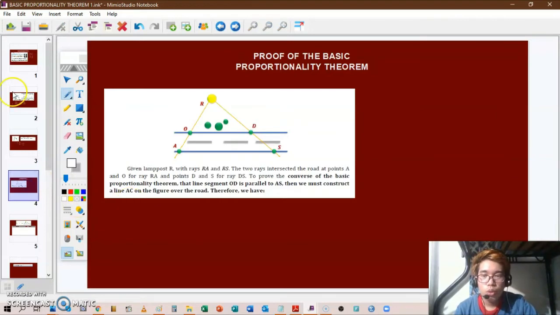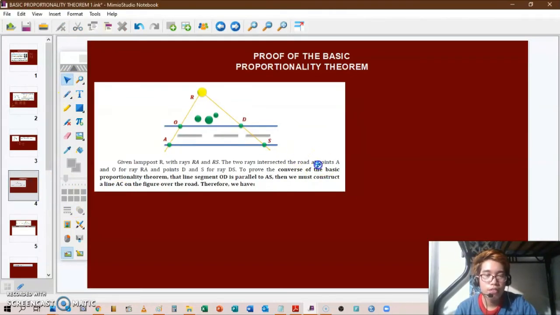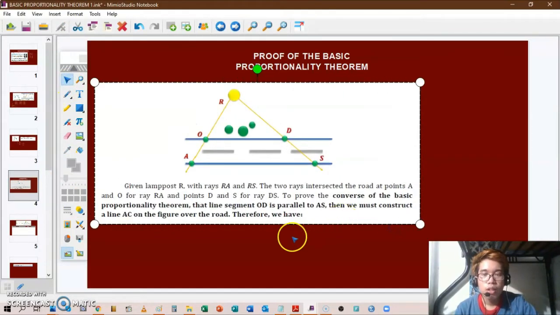Let's try to prove this theorem through a very practical example. Given a lamppost R, which kind of looks like a sun, with rays RA and RS. The two rays intersect the road at points A and O for ray RA, and points D and S for ray RS.